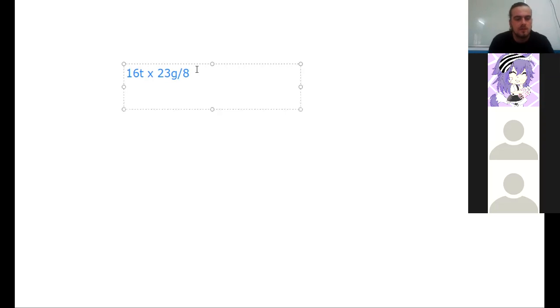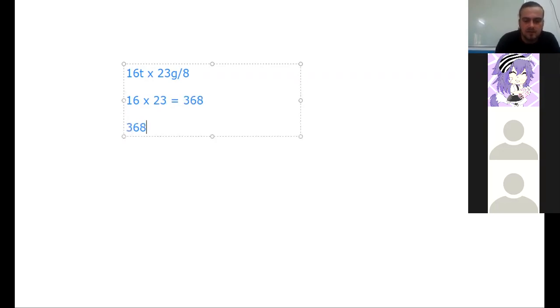So we go 16 times 23, which equals 368, and 368 divided by 8 equals 46, and we add on the t and g, okay?